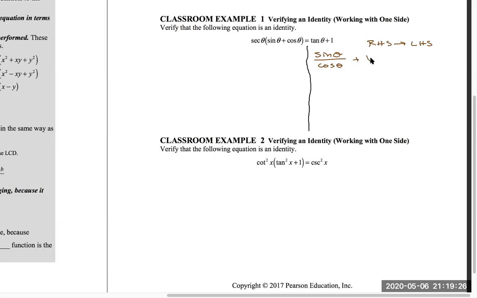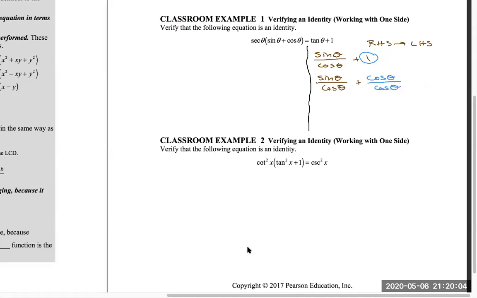And then you would need to recognize that you essentially want to have a sine theta and a cosine theta eventually in here that are going to be added together inside of a factor. So it's not intuitive. What you're going to do is change the 1 here into cosine theta over cosine theta.